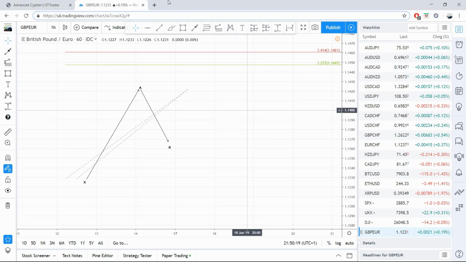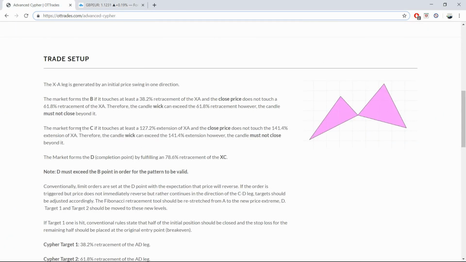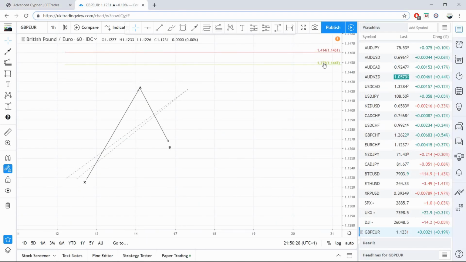Excuse me. Now, so the market forms a C point if it touches at least a 1272 extension of the X to A leg. So that's what we've just drawn on here.